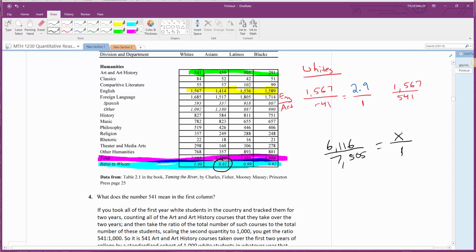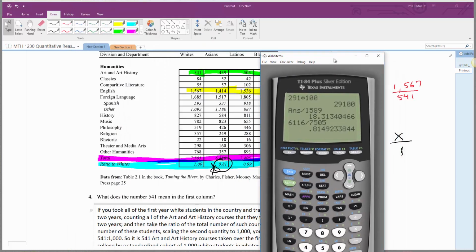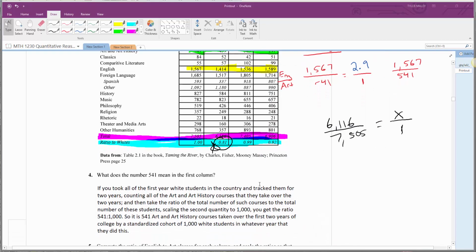So this x value should be this 0.81 value that we have here. If we put this in our calculator to simplify, I would take 6,116 divided by 7,505, and we do get 0.81, if we round that. So that value makes sense. That's what I'm talking about by scaling the second quantity, which is whites, to 1.